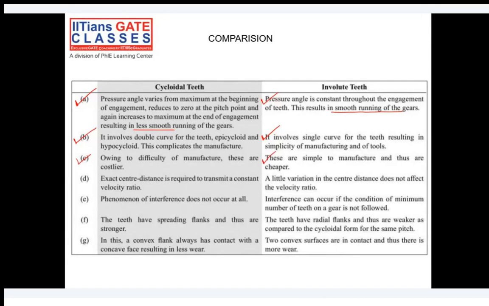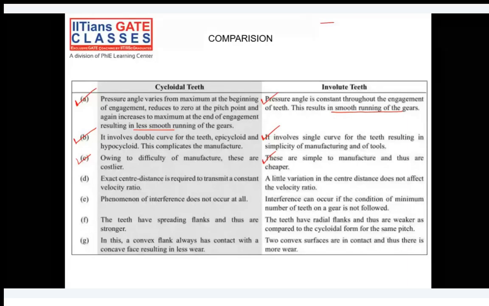If you look into the cycloidal teeth, you can clearly see there is a convex and concave curve. Because of that, so as to avoid more rubbing and wear, the exact center distance is required to transmit the constant velocity ratio in case of cycloidal teeth. Whereas in involute profile, a little variation will not affect the velocity ratio.